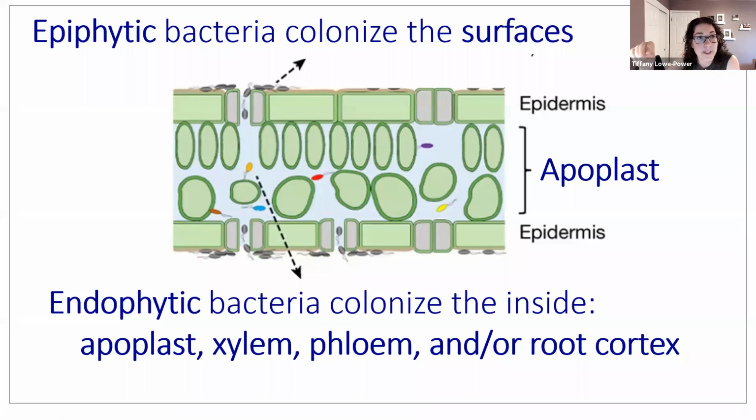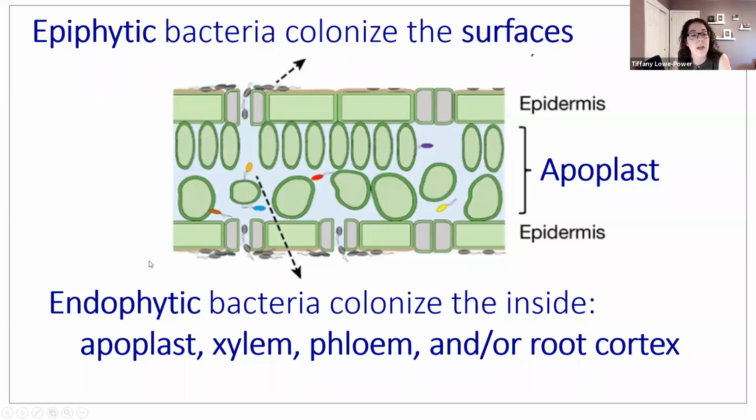Epiphytic is on the surface of the plant, with phytic being derived from a word for plant, Greek maybe. And so epiphytic bacteria will be ones that we find on surfaces. That can be the surface of leaves, it can be the surface of roots, but it's on the surface.